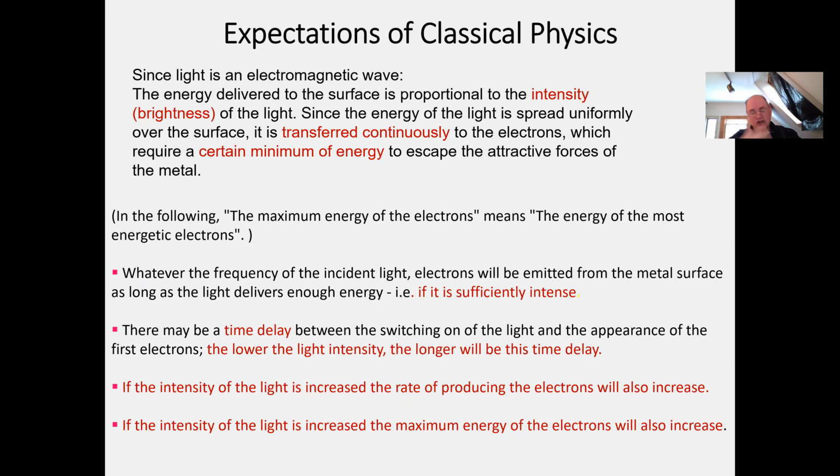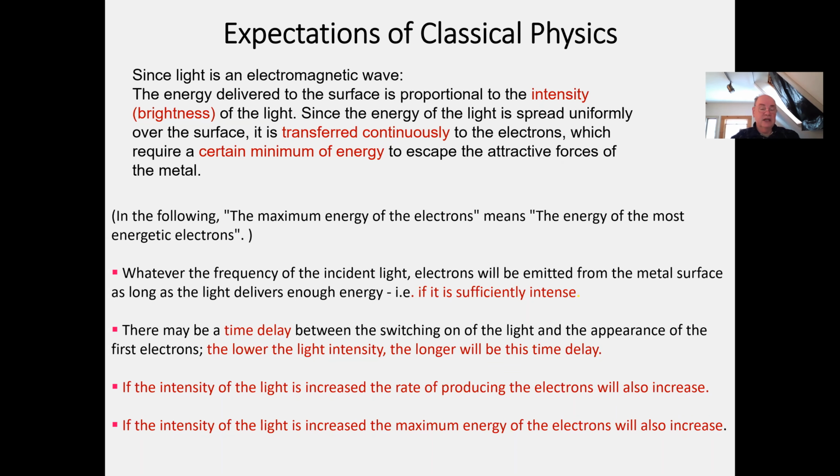Particularly if you think about stirring the water, all the water has to come to 100 degrees centigrade before we start to get any kind of boiling, releasing of the water molecules. So we expect a time delay. The intensity of the light should increase the production of the electrons. If you increase the intensity, you should get more of a current, more free electrons coming out of this metal.